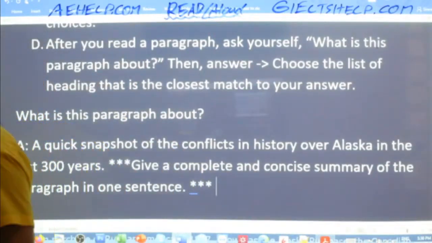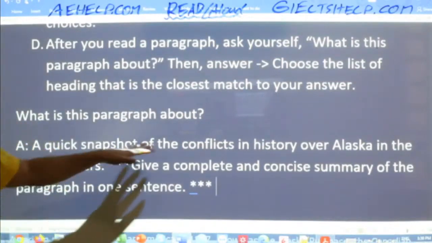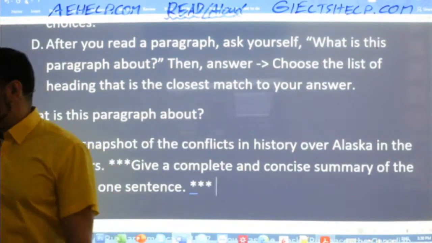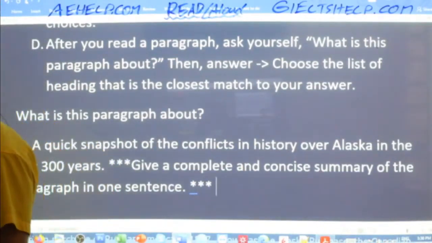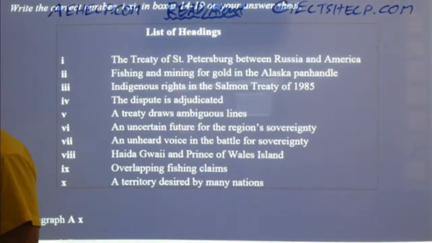Okay, so let's see what answer matches with this quick idea of the history and the conflicts in Alaska over the last 300 years. So which one of these choices is the closest? Okay, so in your mind, which one of these matches closest with that?